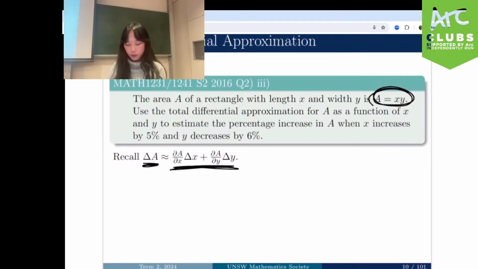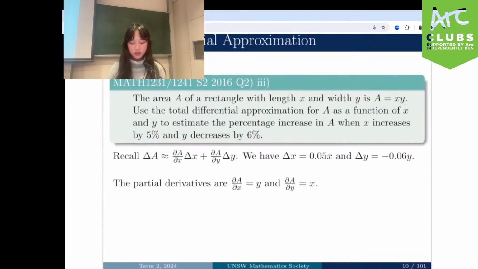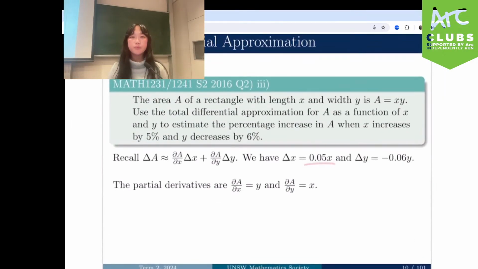And now we have to find out what these two are. So what are these two? We can obviously get them from just reading the question, and what we get is that delta x is 5% of x, positive 5% of x because it's an increase, whereas delta y is negative 6% of y because it's decreased by 6%. That's how much our y has changed.